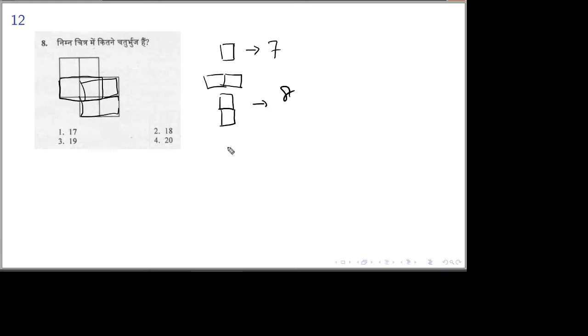And then after that you have squares of this type. So that would be 1 and 2. So that's 2 and 2.